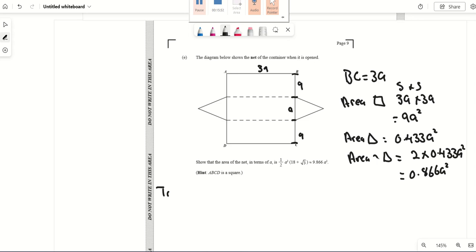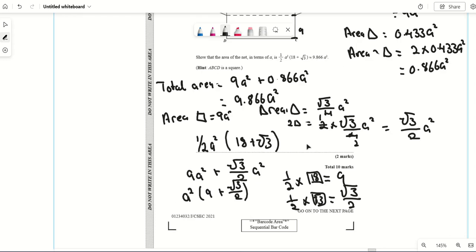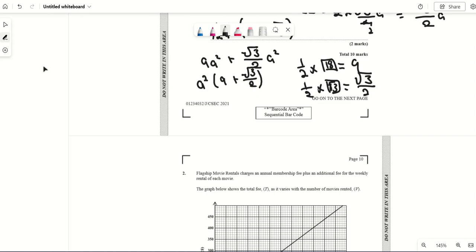So my total area would be 9E squared plus 0.866E squared, which, because the units are the same and both of them have E squared, we can say the total area is 9.866E squared. So this is how you would do this question right here.